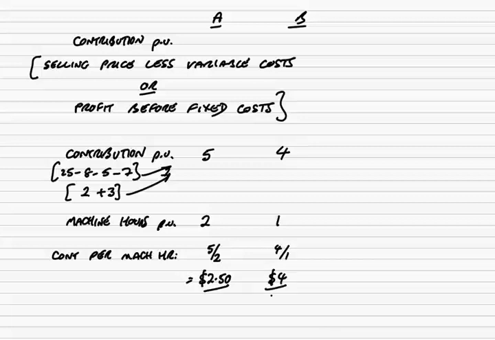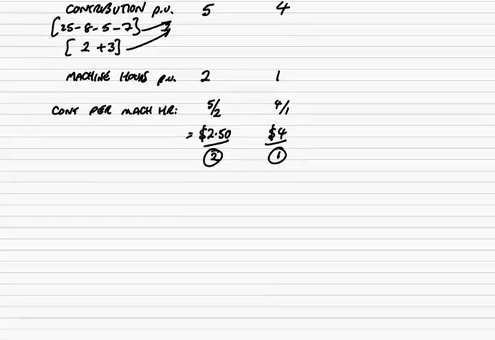And therefore, B is the better of the two, the better use of time. A is second best. Here we've only two products. In principle, there could be any number of products, but we'd choose between them based on the profitability, the contribution per machine hour.